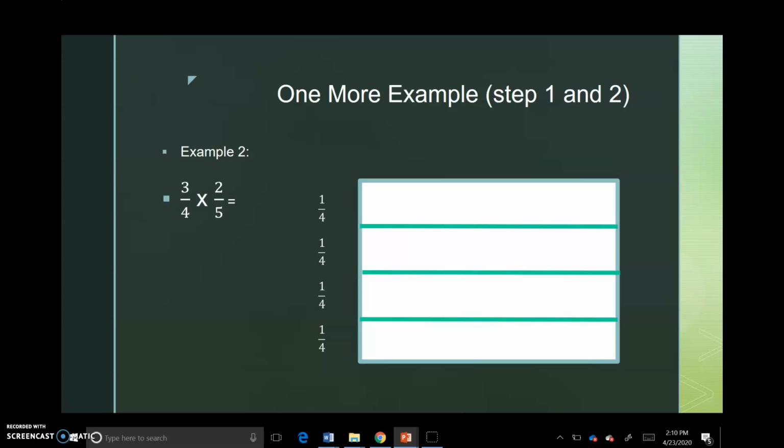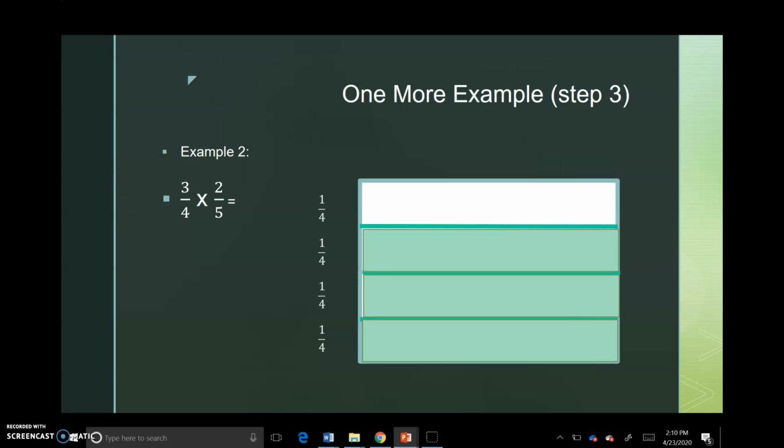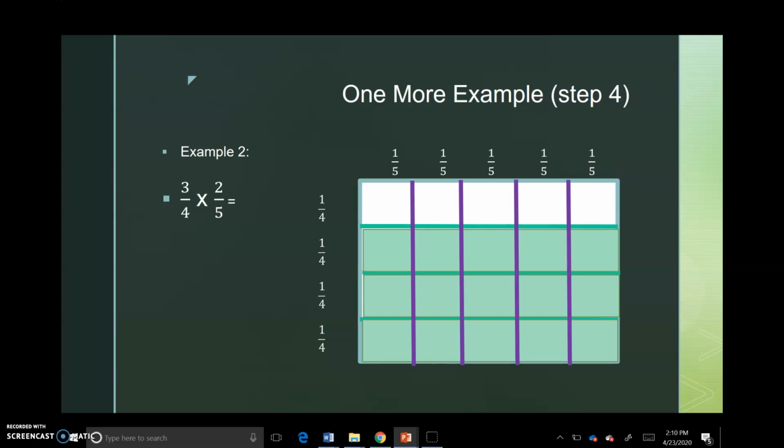And then I want to shade in 3 of those pieces because this time I have 3/4. And now I want to do the same thing. Step 4 is to look at my second fraction and figure out how many pieces to divide it into. And in this case, it is fifths. So I'm going to divide that into fifths. And then I'm going to shade in 2 out of those fifths. So 2 vertical strips because each one is a fifth.